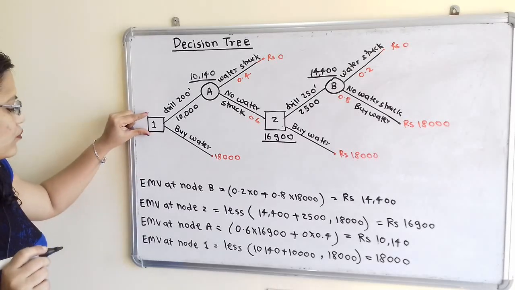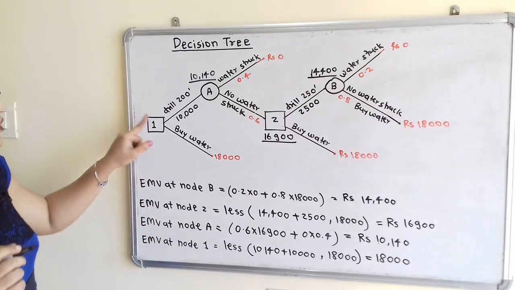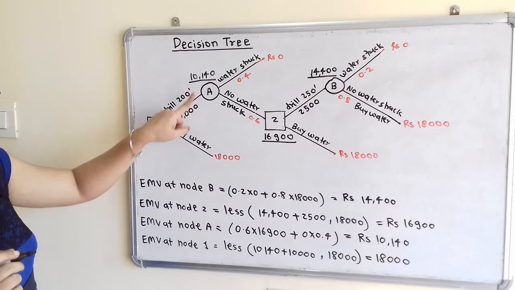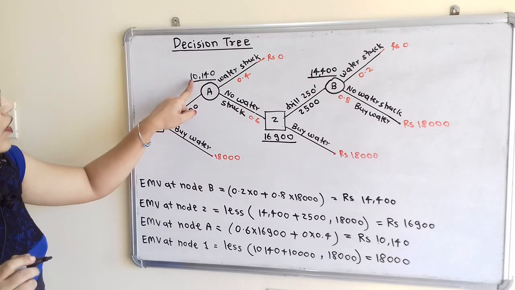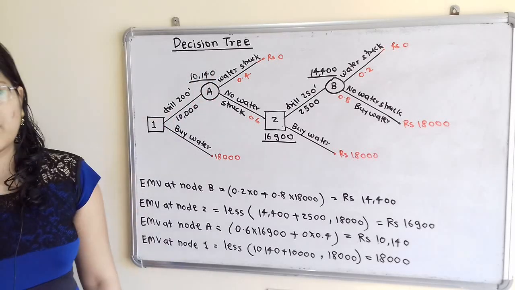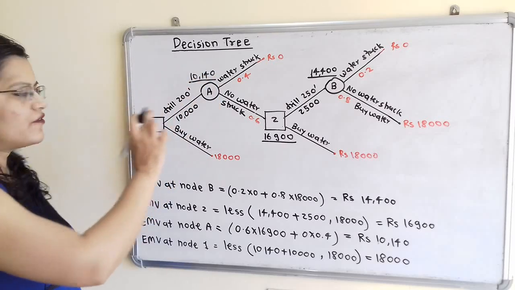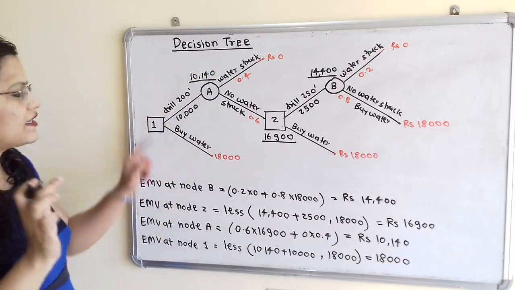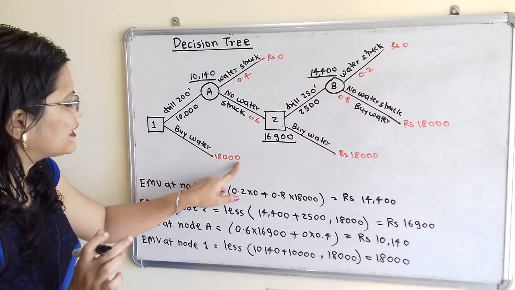Now again we have to select the expected monetary value at node 1. So this is the decision node. If we observe, this branch ended at node A which costs 10,140. So what is the value of this branch? That is 10,140 plus 10,000, that is 20,140, and for the second branch it is 18,000.